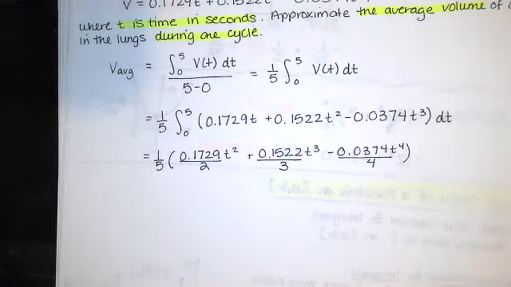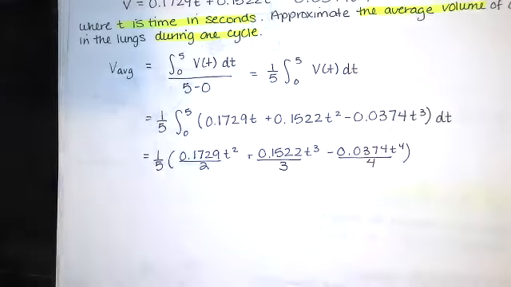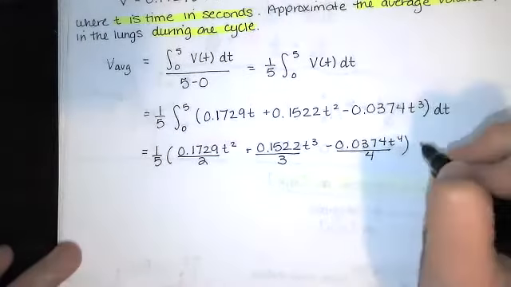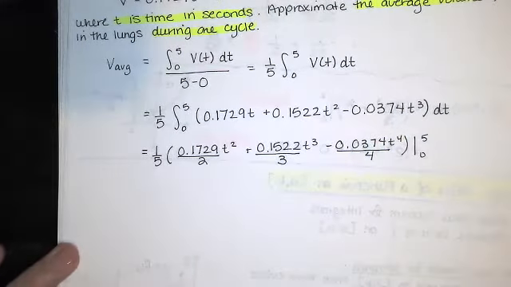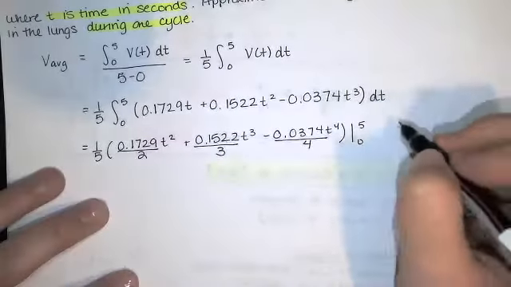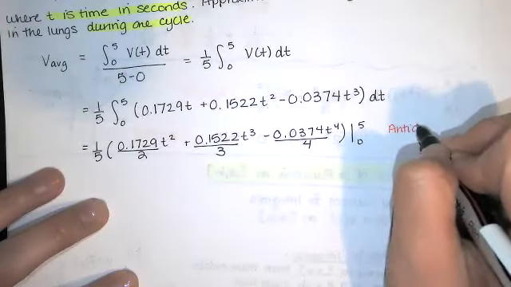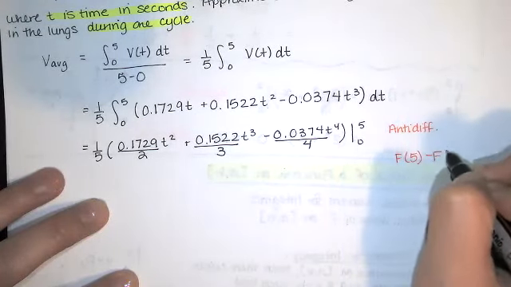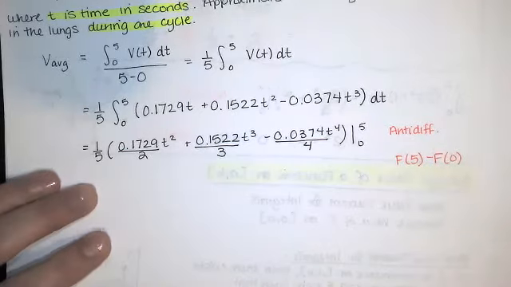So we start by writing down our average value formula. Then we evaluate the integral. First we anti-differentiate. We substitute in 0 and 5 and subtract. So this is our f of b minus f of a step. So we want f of 5 minus f of 0.